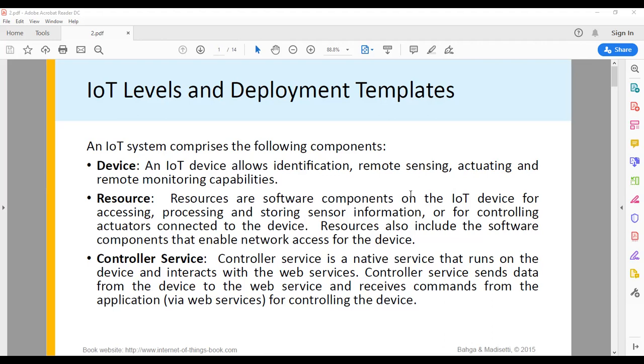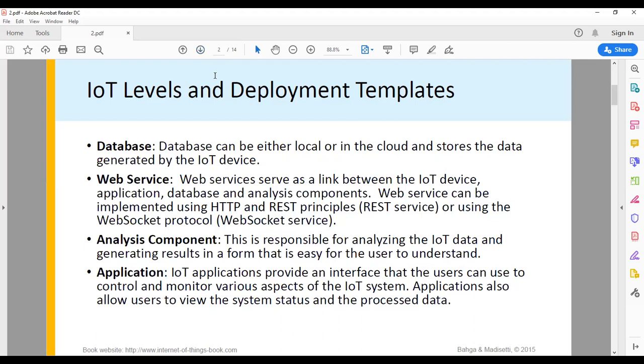They are enabled with web services, through which you can control the IoT gadgets or systems. For that there are important protocols like REST and WebSocket. A question could be asked on this topic, where you have to explain REST and WebSocket, or differentiate between the REST protocol and the WebSocket protocol.